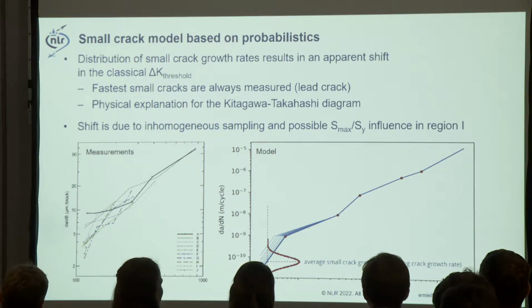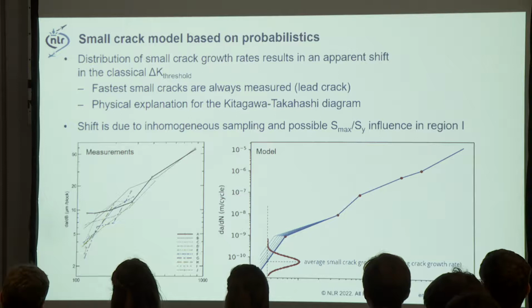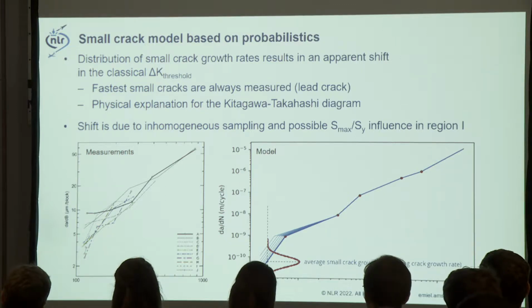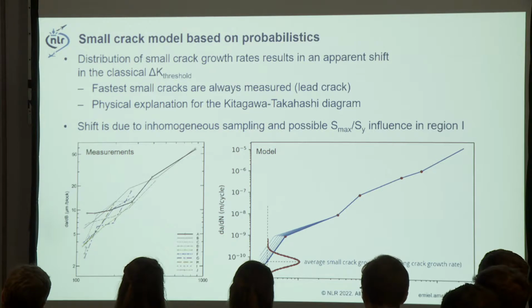We also measured the rates at the same crack depth for those defects, and we see that this is the lead crack, so it has a higher crack growth rate already at a crack depth of about 100 micrometers, while others have again a change in slope, but they have lower crack growth rates compared to the lead crack. So there is variability in the small crack growth rates on the same specimen.